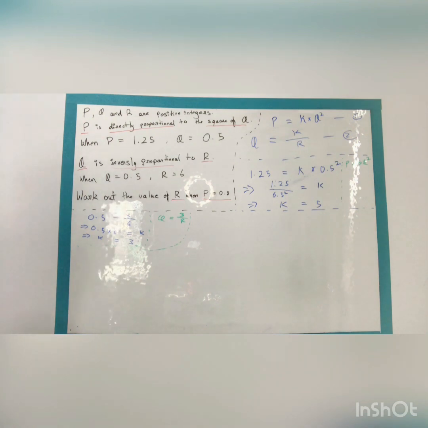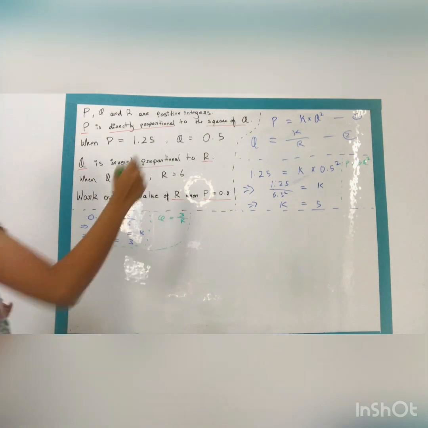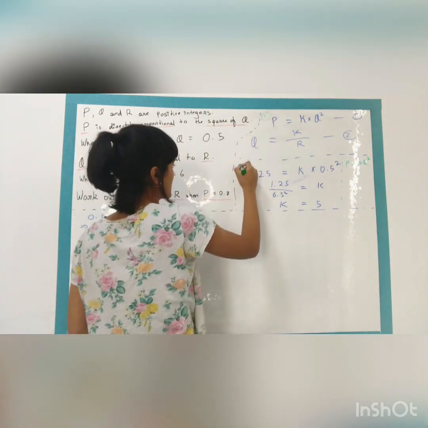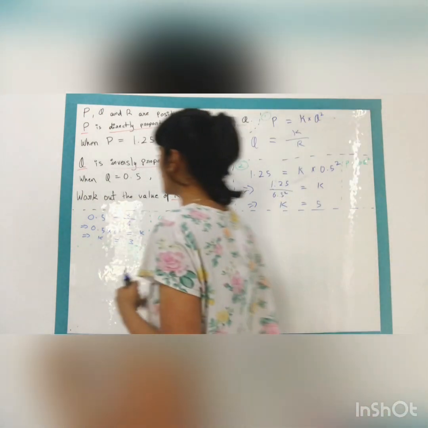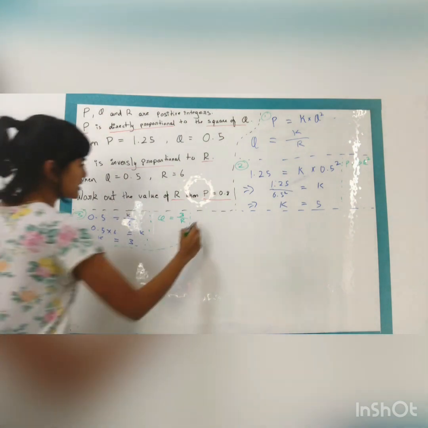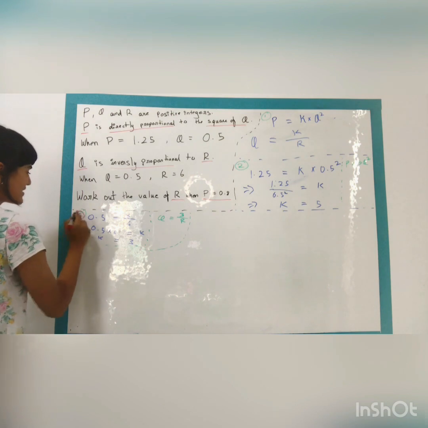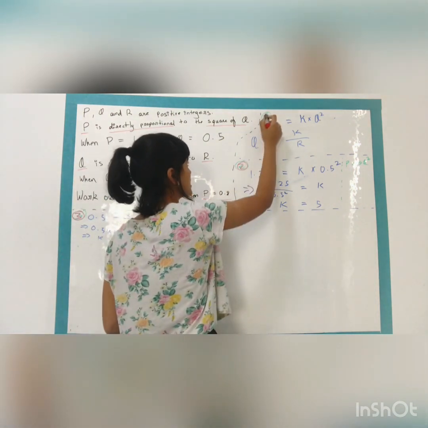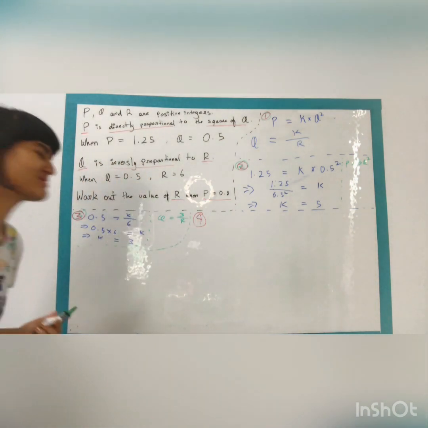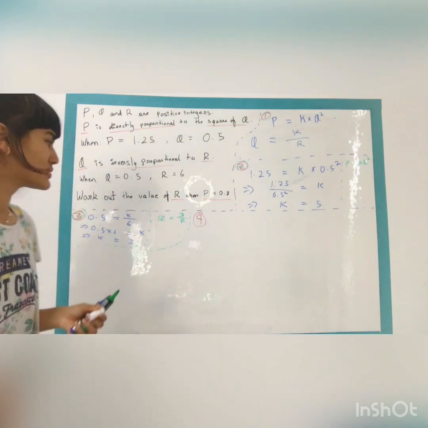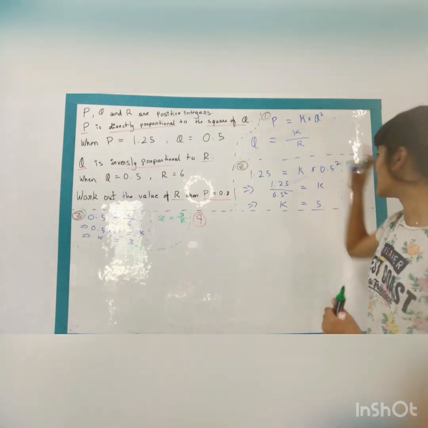Cool. So now we're just going to do some simple substitution. Let's make this step 1, step 2, and step 3. Step 4 is going to be substituting the value of P into this equation.